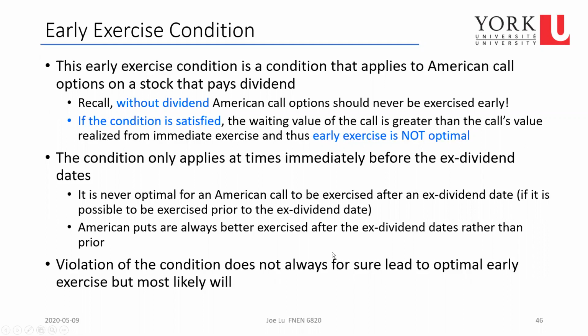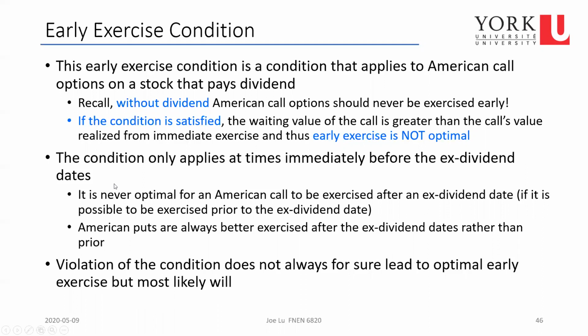For an American put, it is obviously the opposite, because the put payoff is K, the strike price, minus the stock price. After the ex-dividend date, the stock price drops by the amount of the dividend payment. So if you were to exercise an American put early, it's more optimal to exercise after the ex-dividend date.